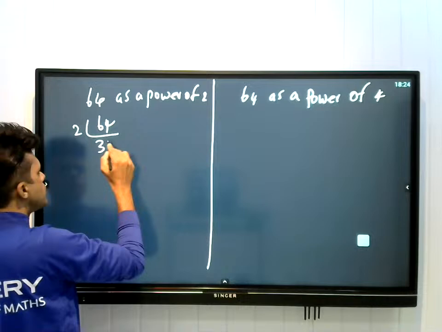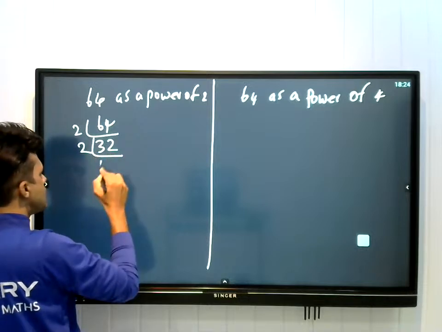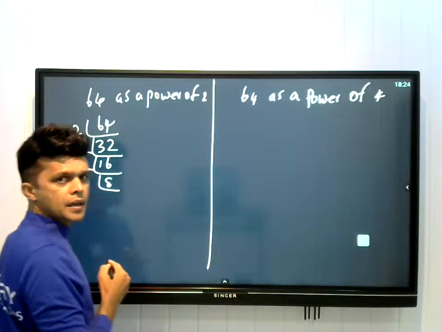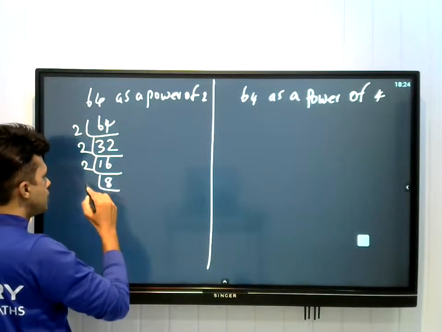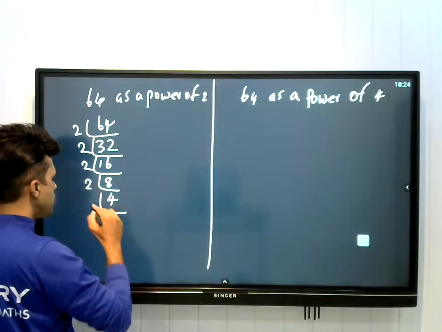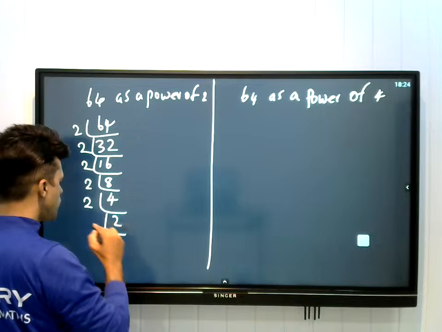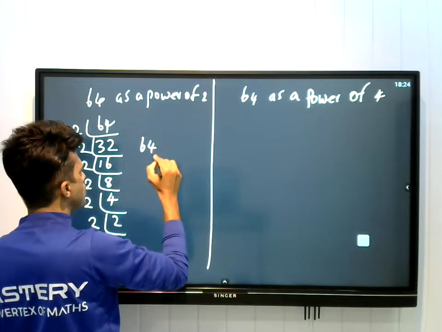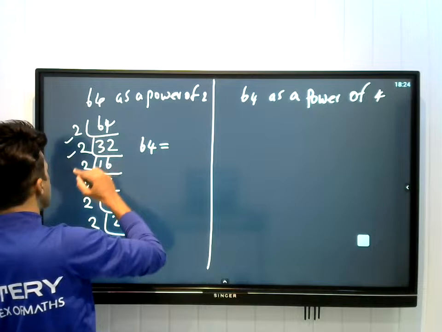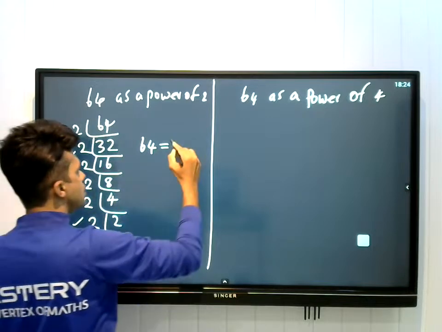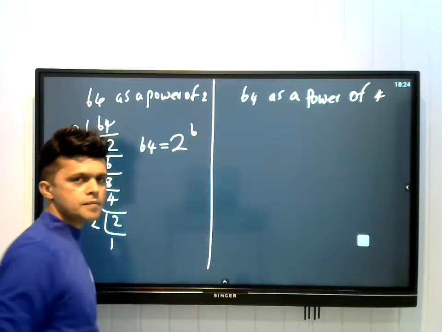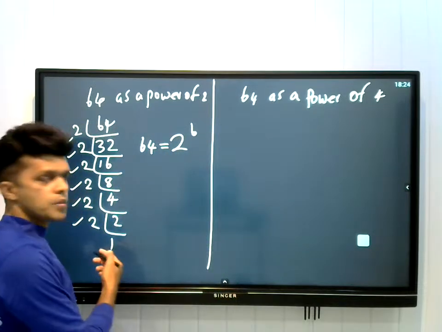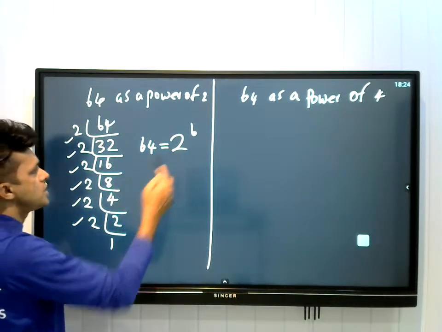Then 32, here 16, here 8, here 4, then 4 upon 2 is 2, then 2 upon 2 is 1. So 64 equals 2 to the power 6. 64 can be written as a power of 2, which is 2 to the power 6.